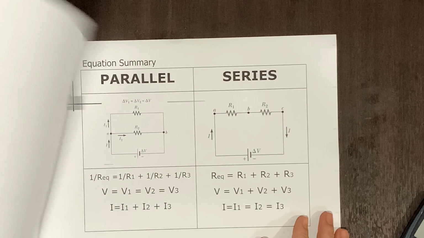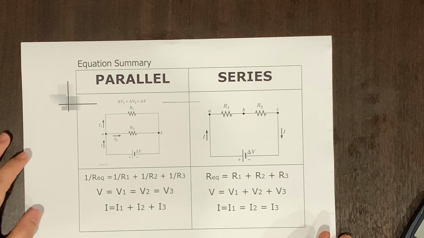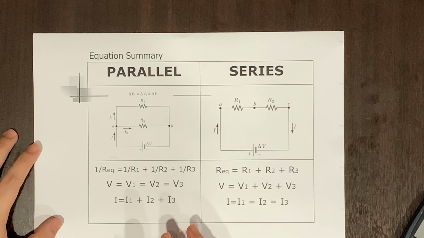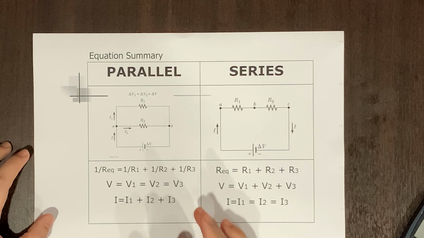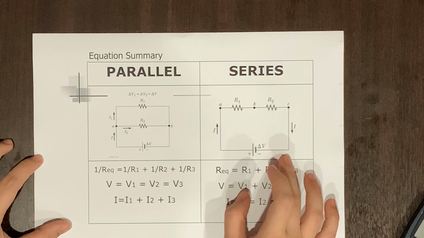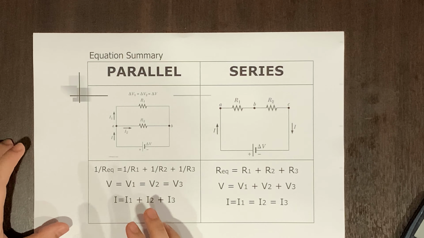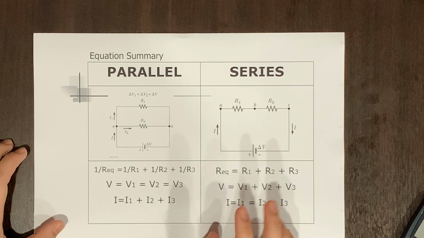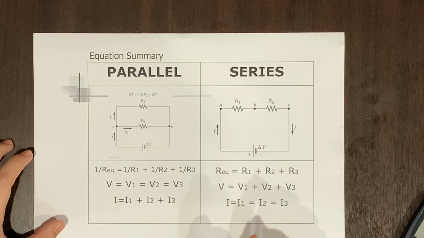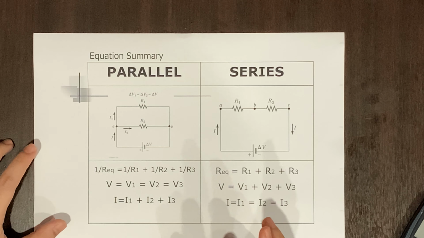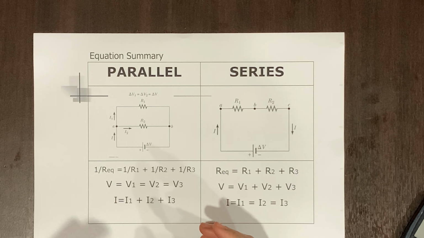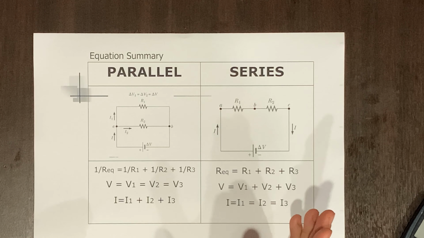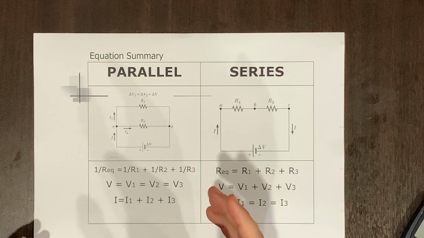Okay, and the last one in this topic, same as the capacitors you learned before, is the combination of resistors in parallel and series. Previously, you learned capacitors in parallel and series, right? In a capacitor, the equation is C is equal to Q over V. So we looked at equivalent capacitance, how the charge flows, how the voltage flows in the circuit.